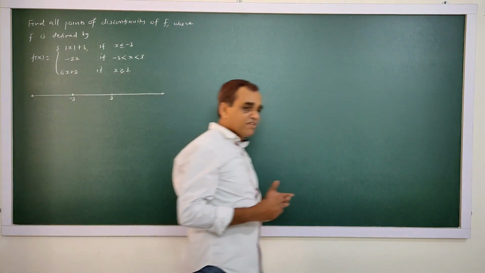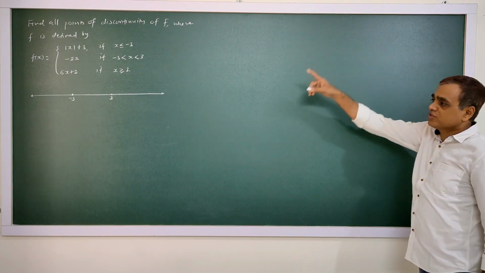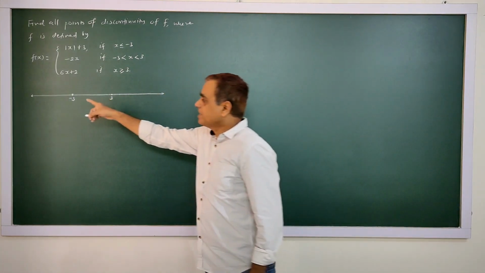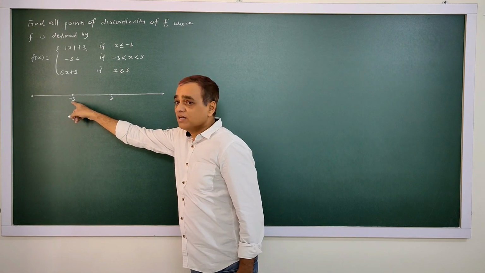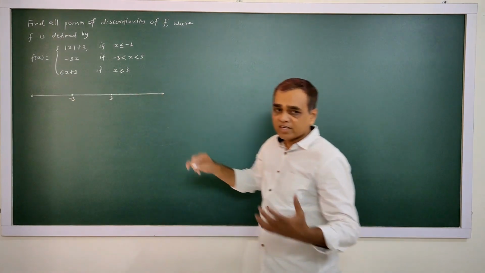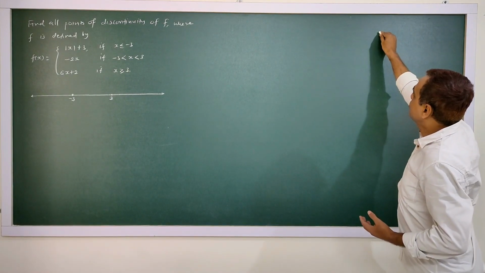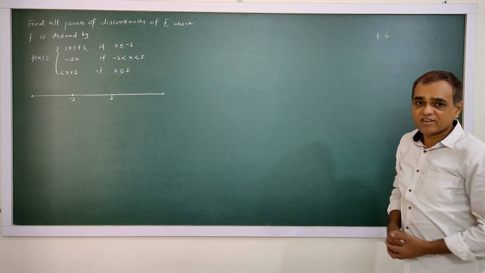And we are using a definition of limit. When checking continuity at a number at which the function is changing formula, we find the left hand limit as well as the right hand limit. So already we are using this definition.